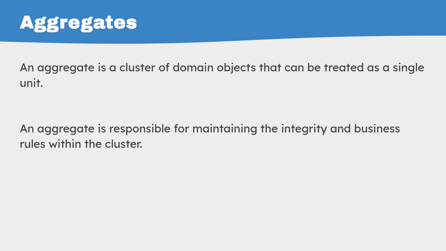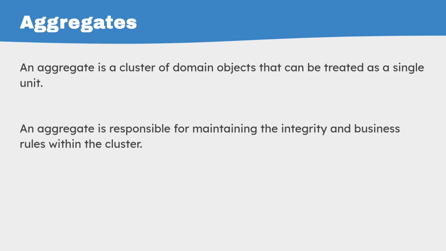Enter the aggregate pattern. DDD describes an aggregate as a cluster of domain objects that can be treated as a single unit. For example, the ingredients in a recipe don't really make sense on their own, right? They are ingredients of a recipe. So the recipe is the aggregate, or the aggregate root as it is sometimes called, and the recipe includes its ingredients.